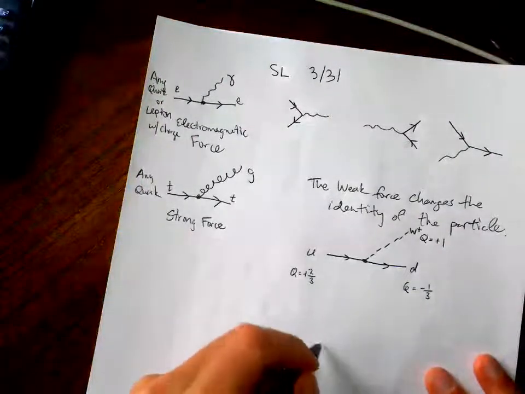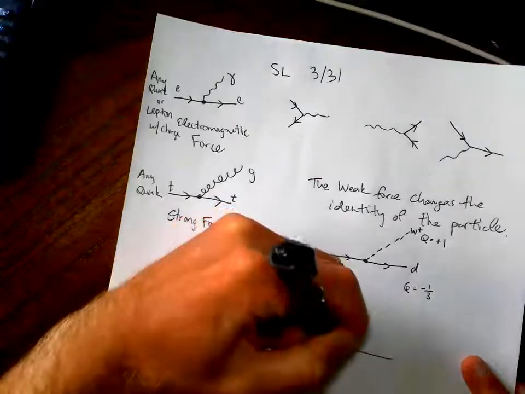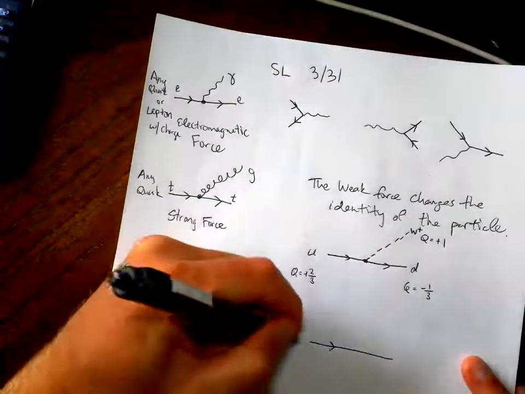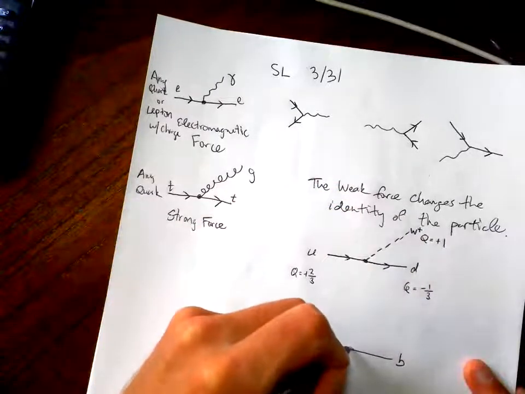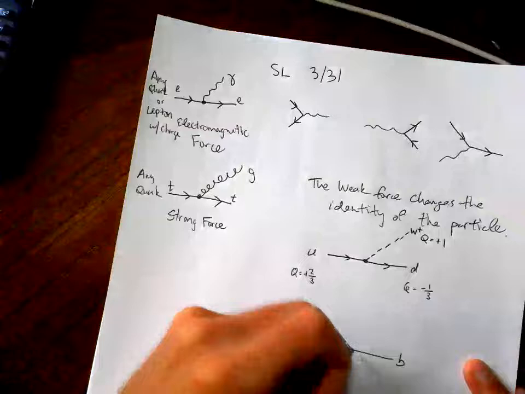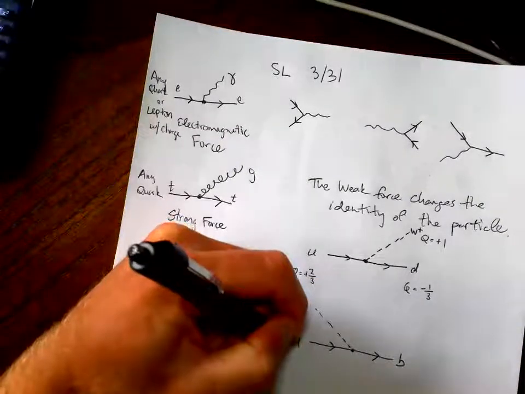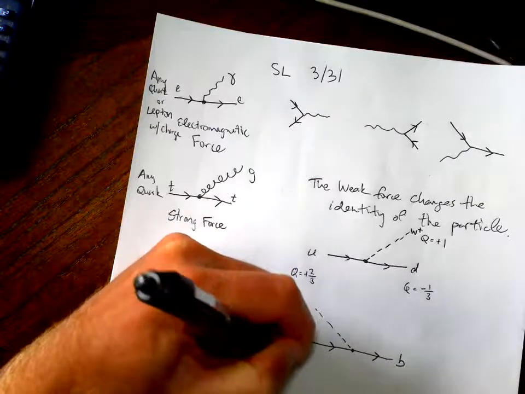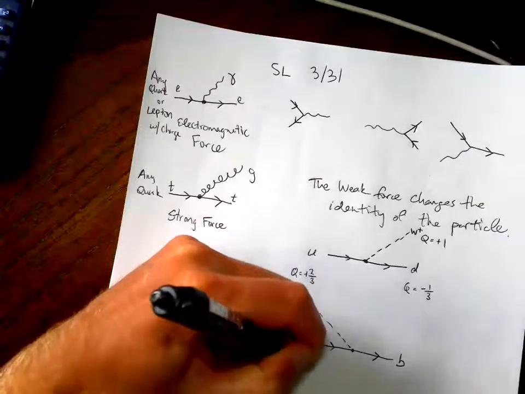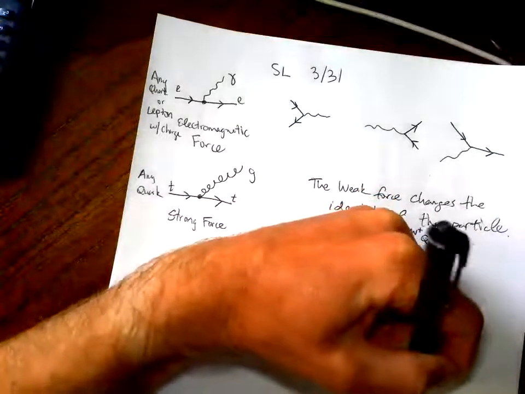If we took this and we reversed it, what if I had an up quark transforms into a bottom quark, like this? Then the up quark has a charge of plus 2/3. The bottom quark has a charge of minus 1/3.